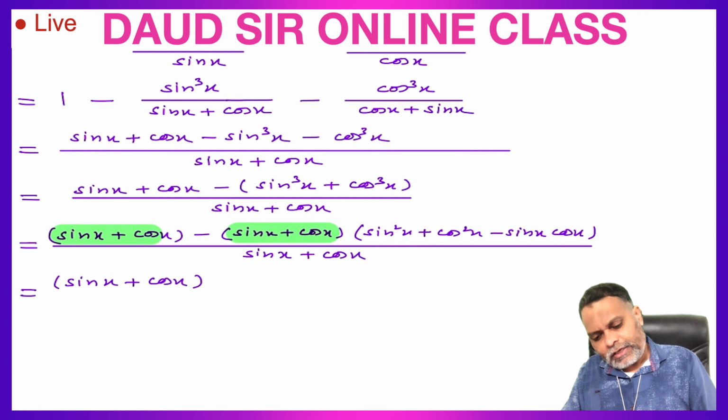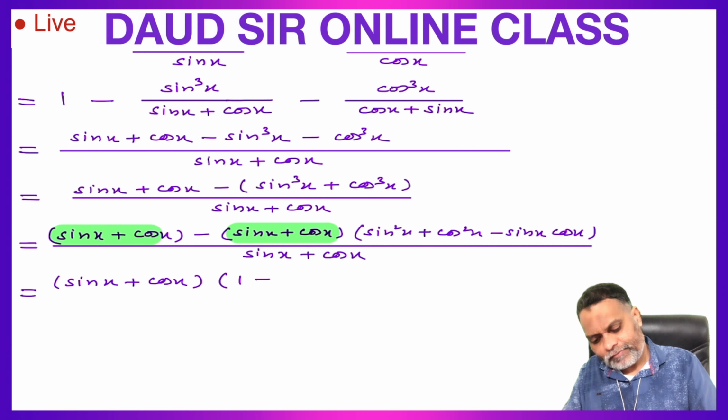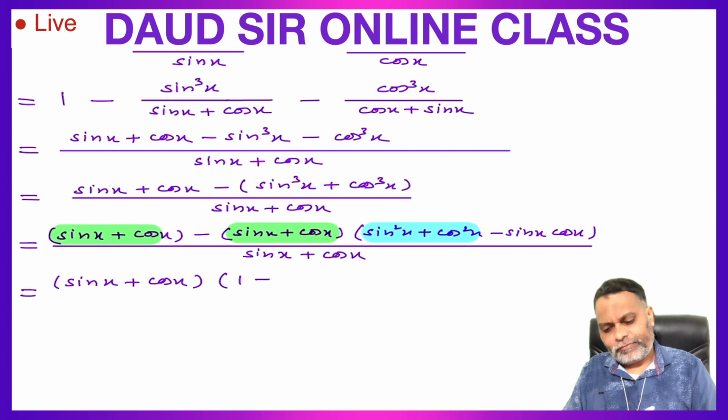Here 1 is left, with this minus sign, and this sin square x plus cos square x we can write 1.